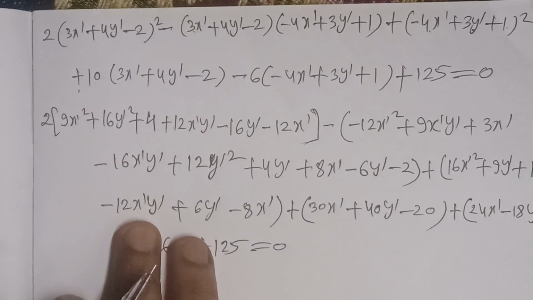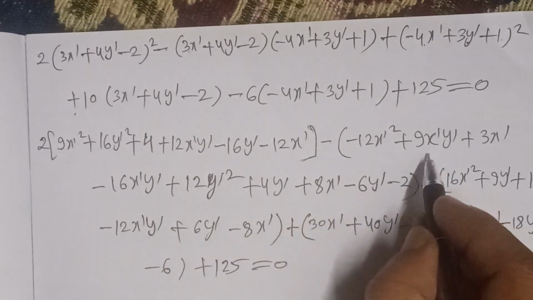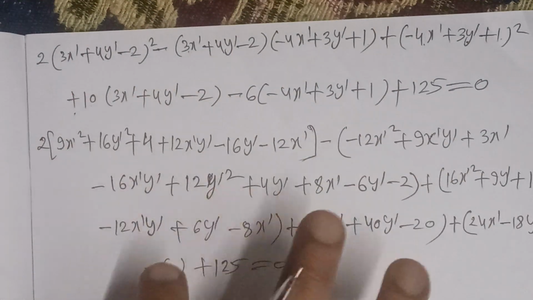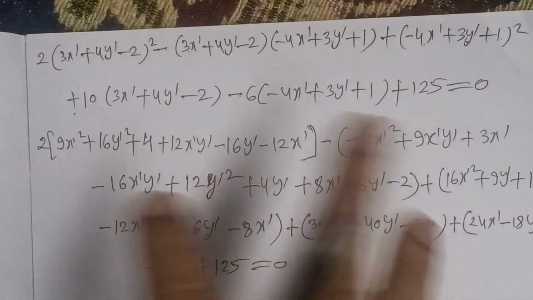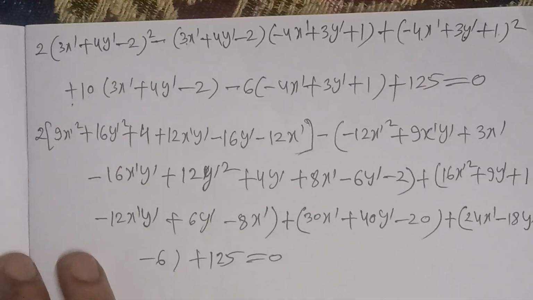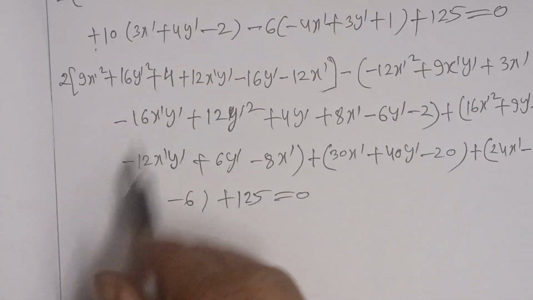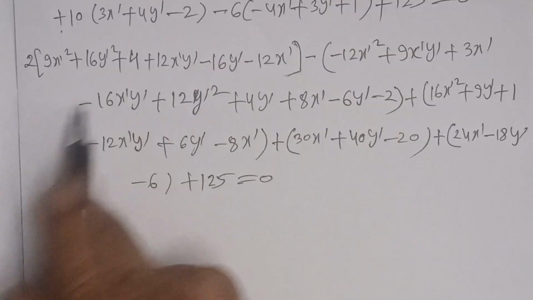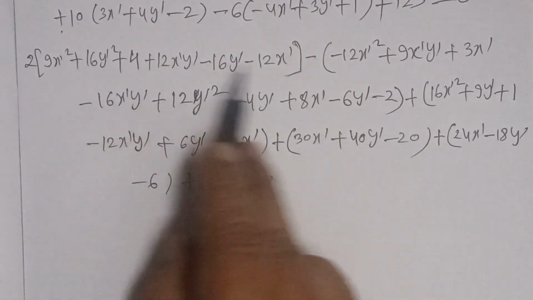First of all, we collect this coefficient in brackets. Then after solving this in the whole equation, we collect this coefficient. There are no repeated terms, so write this value.